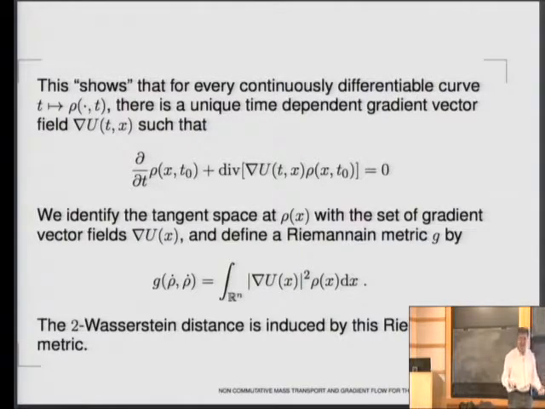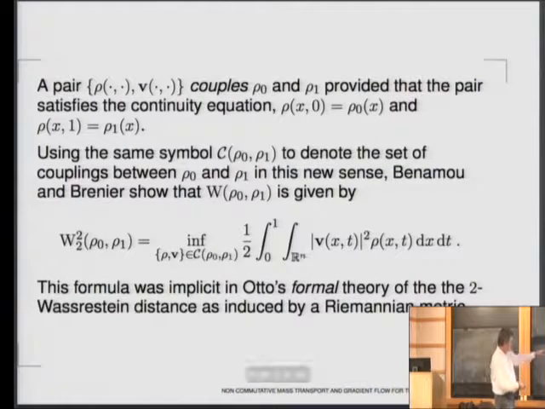Okay, now what's the length of that thing? If we're going to tie it in with the metric, if I make this the Riemannian distance squared, length squared of the tangent vector, then this becomes the usual action formula for the Riemannian distance in the manifold. And so somewhere between Brenier and Benamou and Otto, who were doing these things at the same time, Otto had this formal Riemannian structure, and Brenier and Benamou were rigorously deriving this formula for the Wasserstein distance. That's what the metric has to be and is.